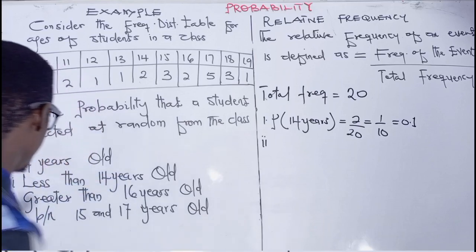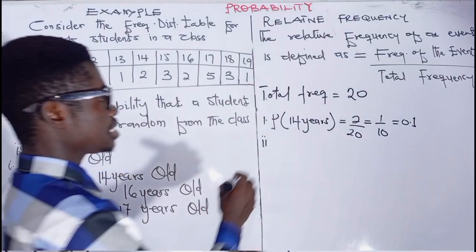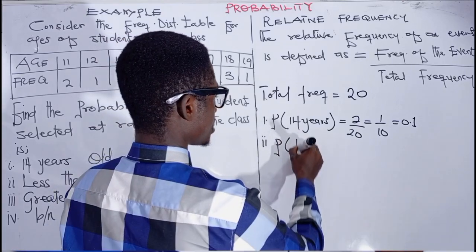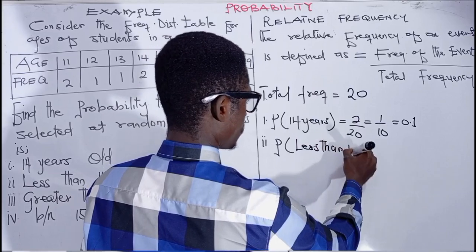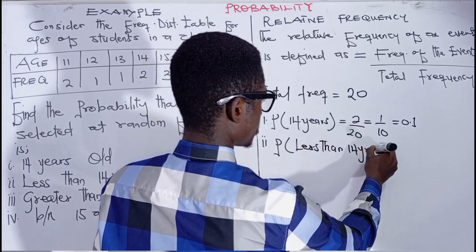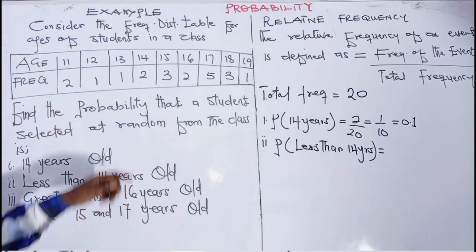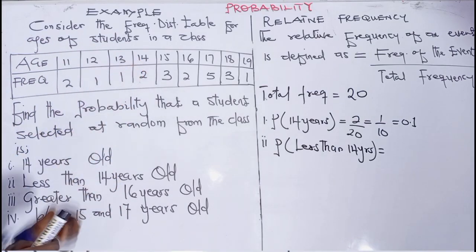Now let's look at the next one. Less than 14 years old. So the probability of picking a student from the class who is less than 14 years. We want to pick a student from the class who is less than 14 years.